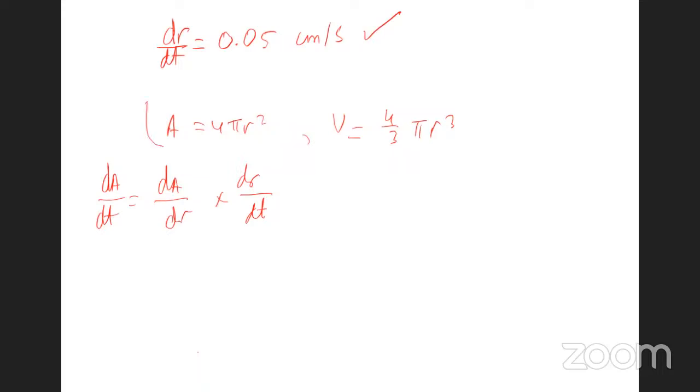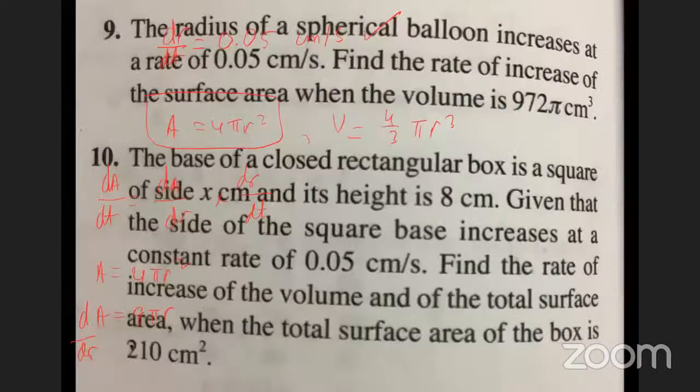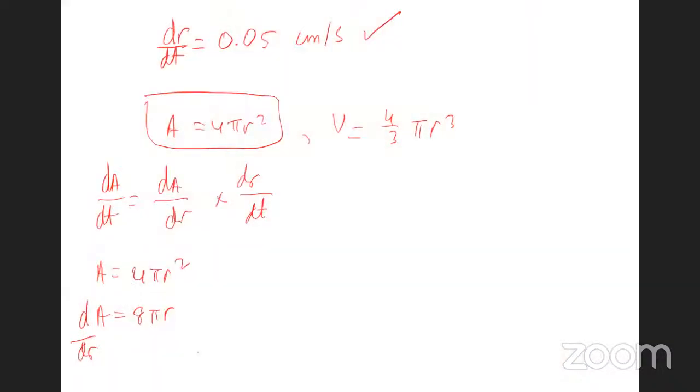So we're coming back here now. We know that A is equal to 4 pi r squared, so dA/dr is 8 pi r. Again, we don't know R. How do we get R? Make R the subject in the formula with V. They told us that the volume is 972 pi.